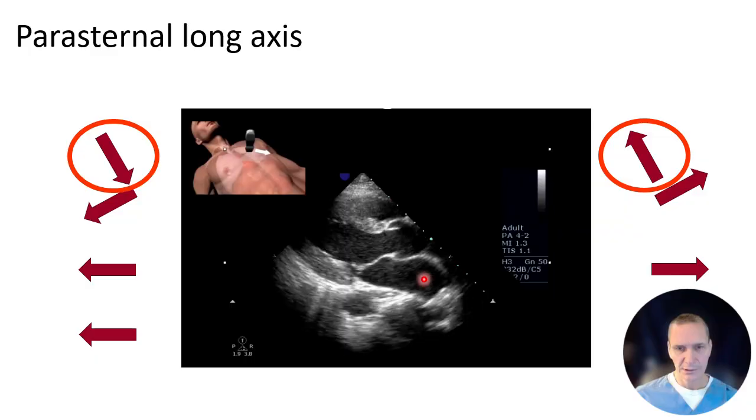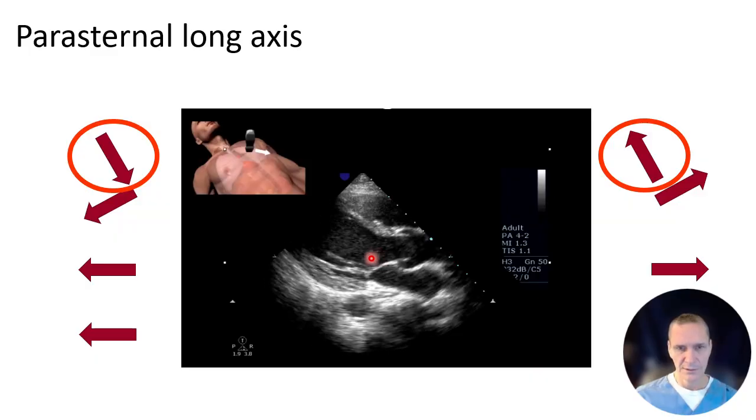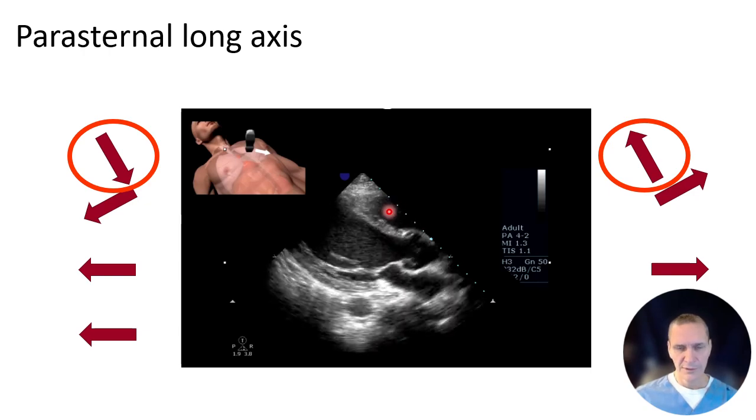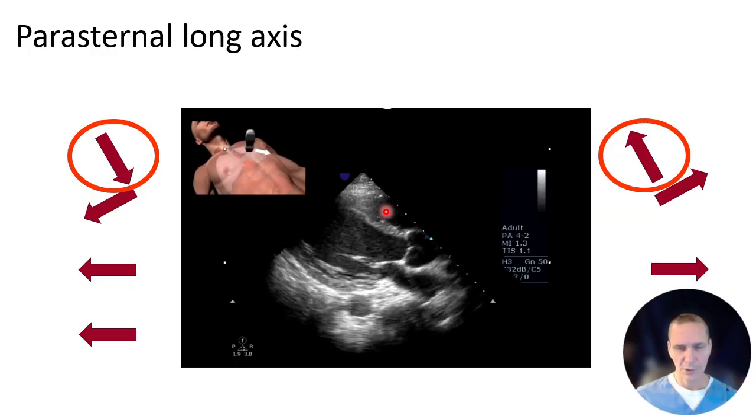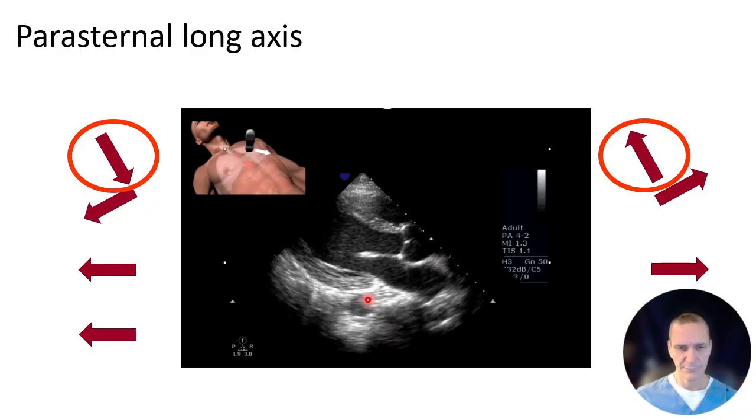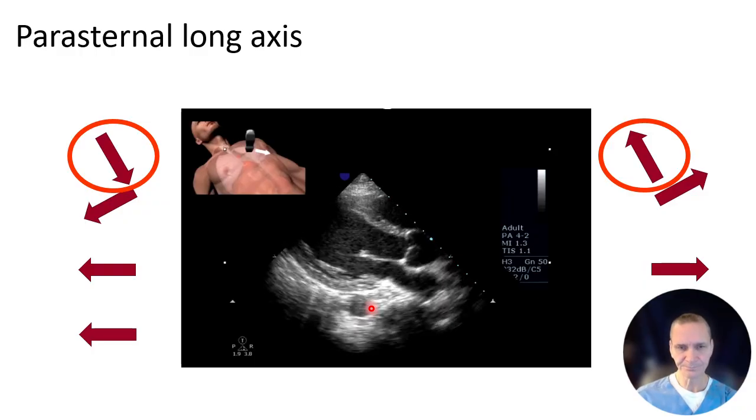The left atrium goes into the left ventricle, then the aortic outflow tract. This is the anterior leaflet of the mitral valve. These are the papillary muscles. Think of this as the right side of the heart. Depending on where the probe is, it's either the right ventricle or the right ventricular outflow tract. This is the descending thoracic aorta.